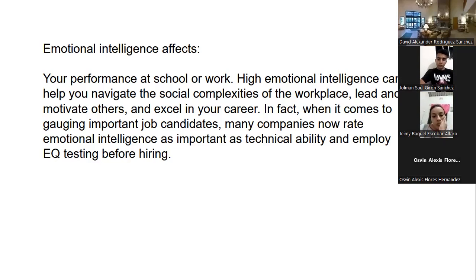Important job candidates. Many companies now rate emotional intelligence as important as technical ability and employ EQ testing before hiring. What is hiring? It's the process of hiring another person for a company. When someone contracts someone for work, I think. Perfect, that is it. So hiring is when you get new employees into the company. Nice.